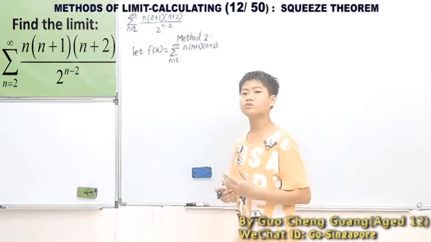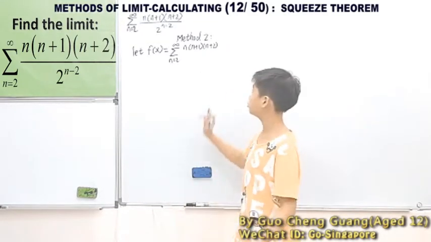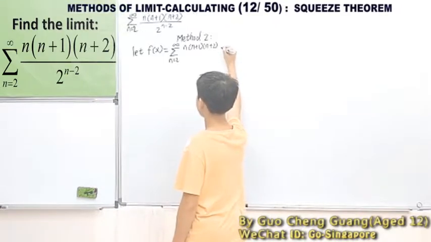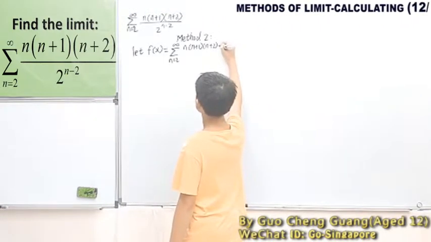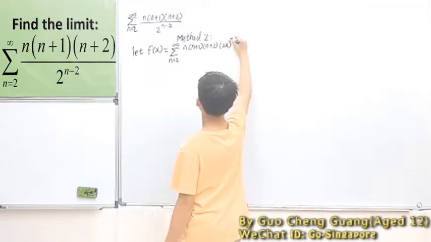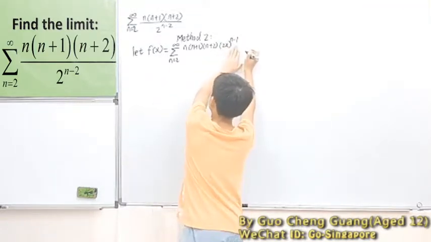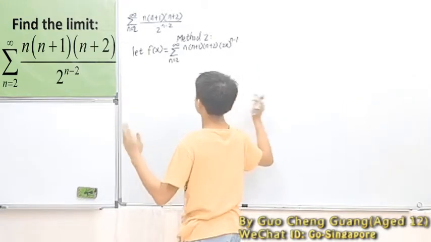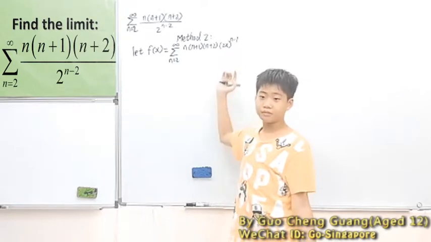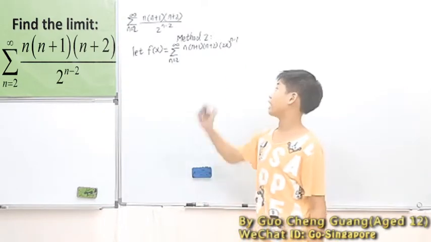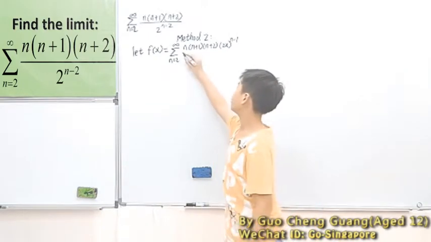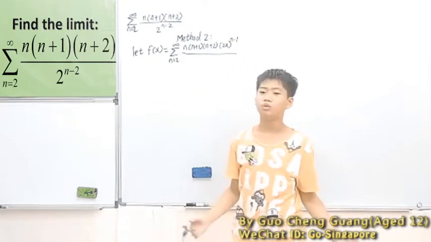If I don't want to care about that too, what could possibly happen? 2x to the power of, now this is definitely n minus 1. If you want n minus 2 is also fine, but it's just that there will be an extra x there. Would you rather get an extra 2 or an extra x? Of course, it's a 2.